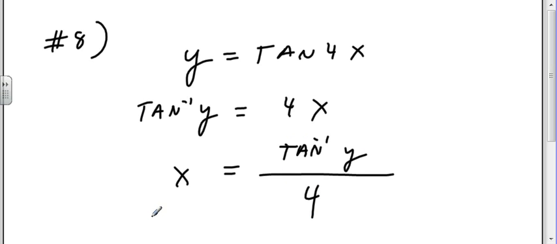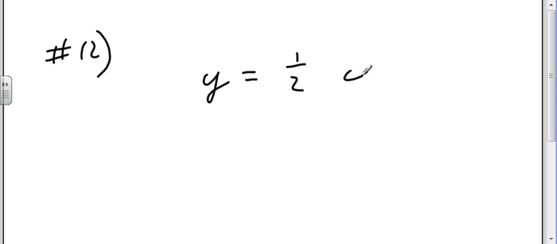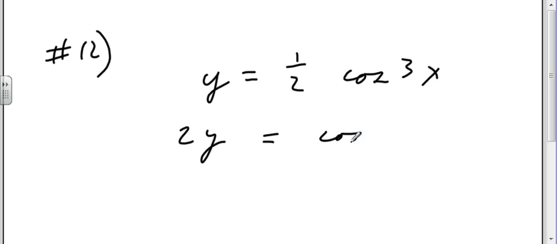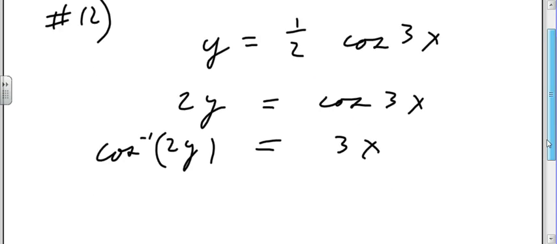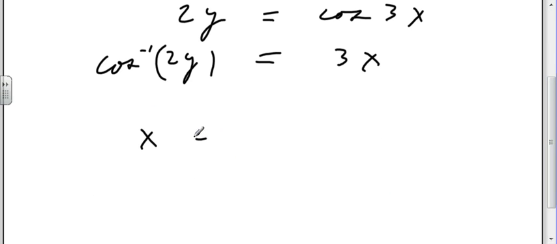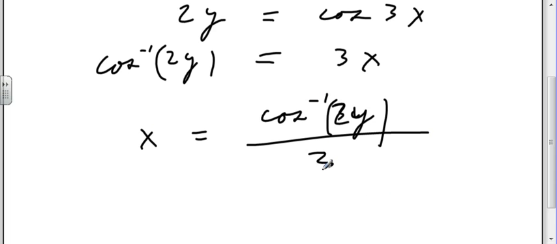All right, seems reasonable. Anything weird there? Number 12, other than saying arc something or another. y is equal to 1/2 cosine 3x. 2y is equal to cosine 3x. The arccosine of 2y is equal to 3x. x is equal to the arccosine of 2y divided by 3.